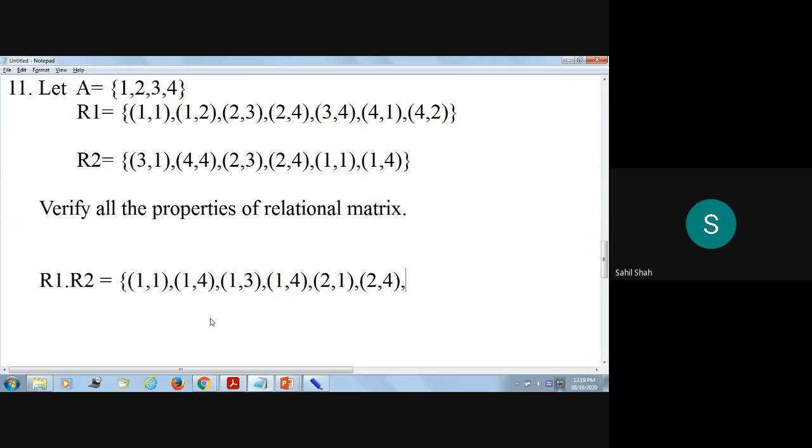Nothing else. Then (3,4),(4,4) gives (3,4).